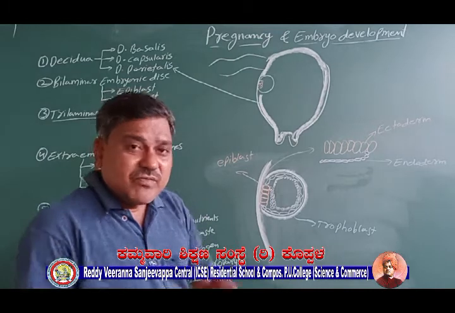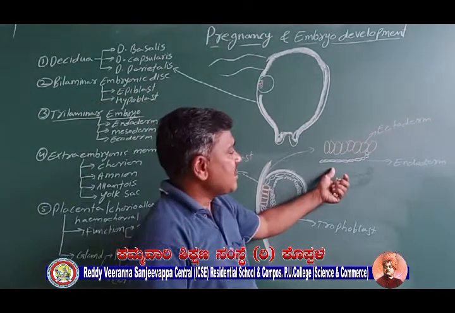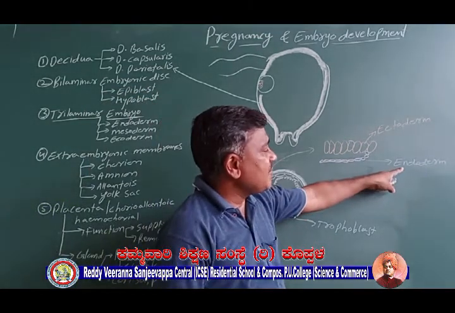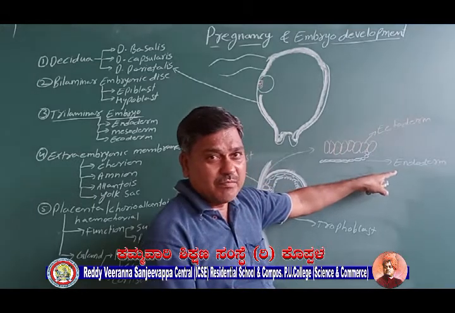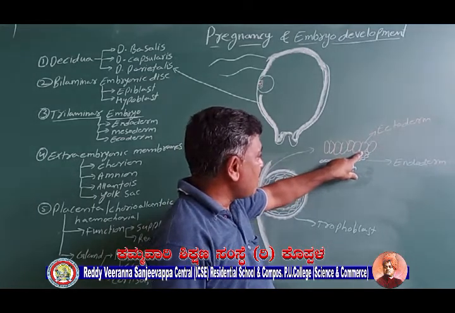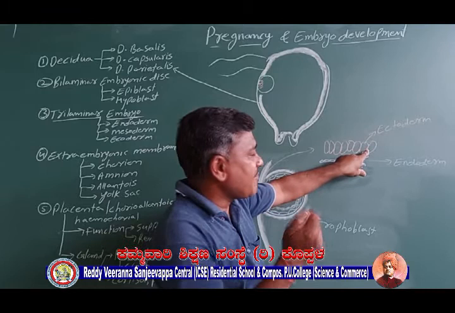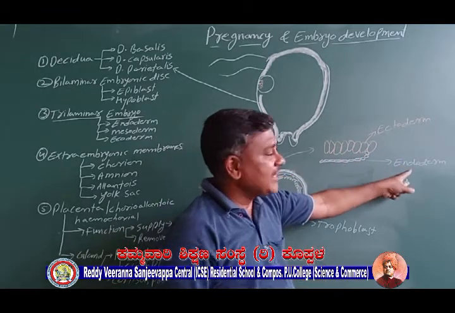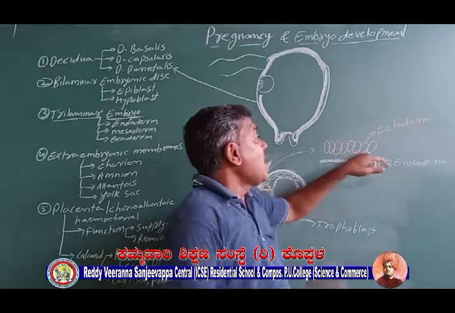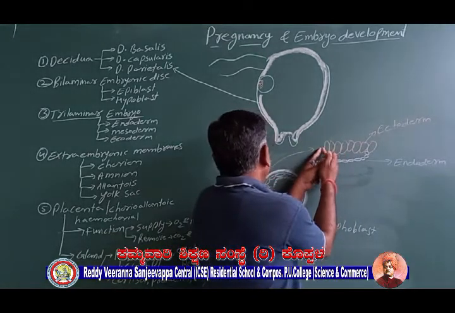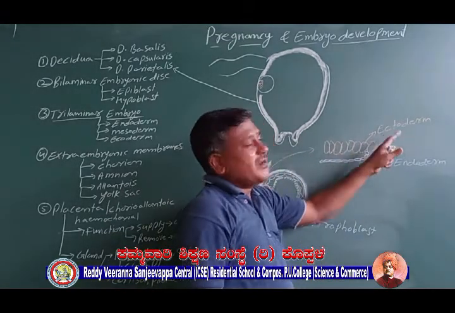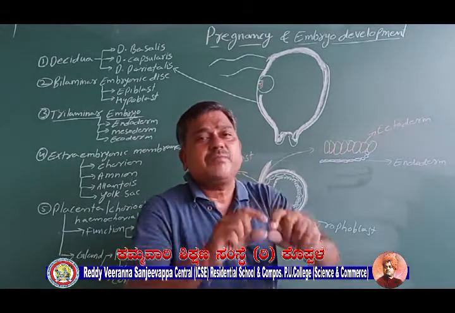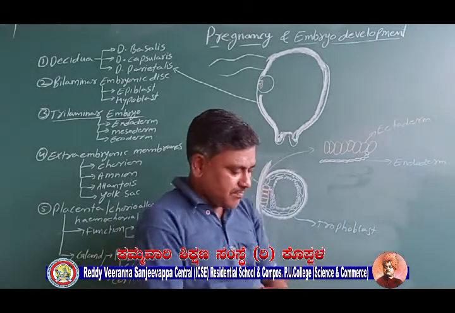Clear? So first, which germ layer is formed? Initially there is a formation of endoderm. Some of the cells of the epiblast separate from that layer, they start dividing and they form the endoderm. Whatever epiblast cells remain, they themselves develop into ectoderm.